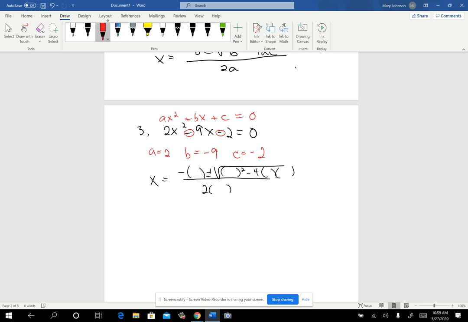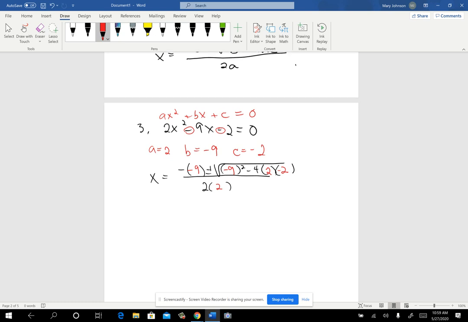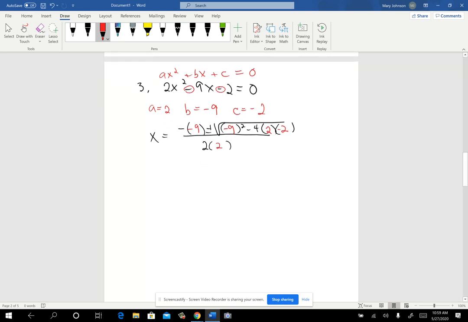We're going to do the opposite of b, and then this is also b in parentheses getting squared, minus 4 times a times c, over 2 times a. When you're showing your work to me, this right here is very important, so I can see that you plugged in the right stuff. And then you don't just go from there to the answer. You kind of work it through. Opposite of negative 9, 2 times 2.